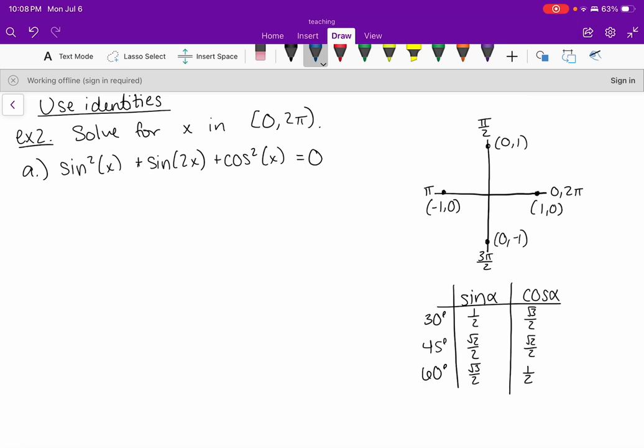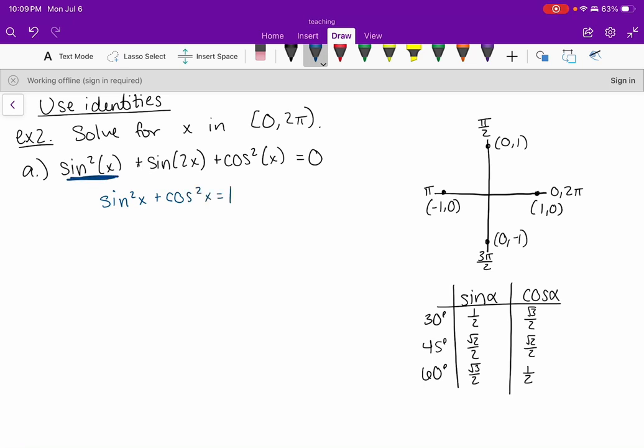Sometimes it can be hard to identify which identity to use, but I see that I have sine squared and cosine squared, and those are an identity together. The Pythagorean identity says sine squared plus cosine squared is equal to 1.